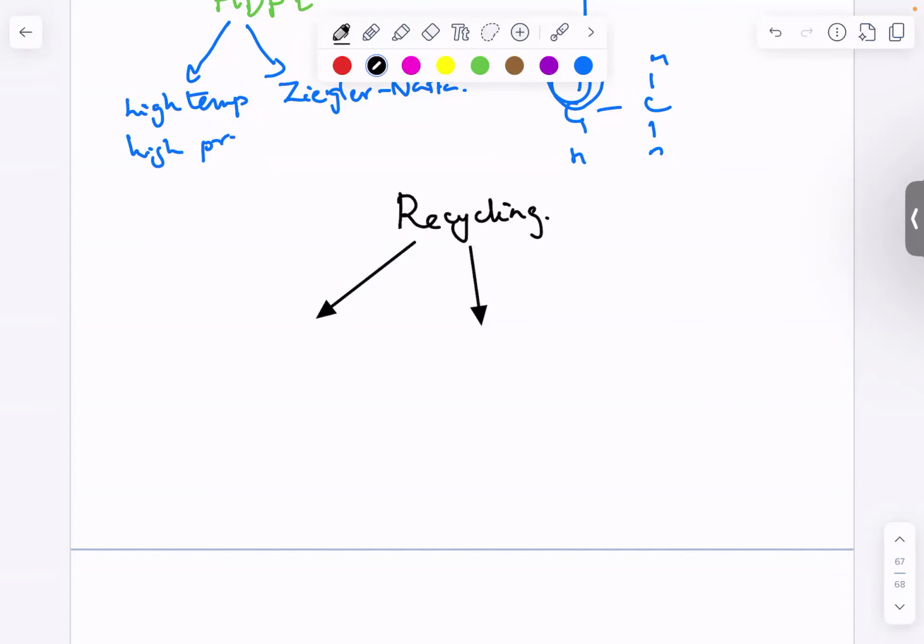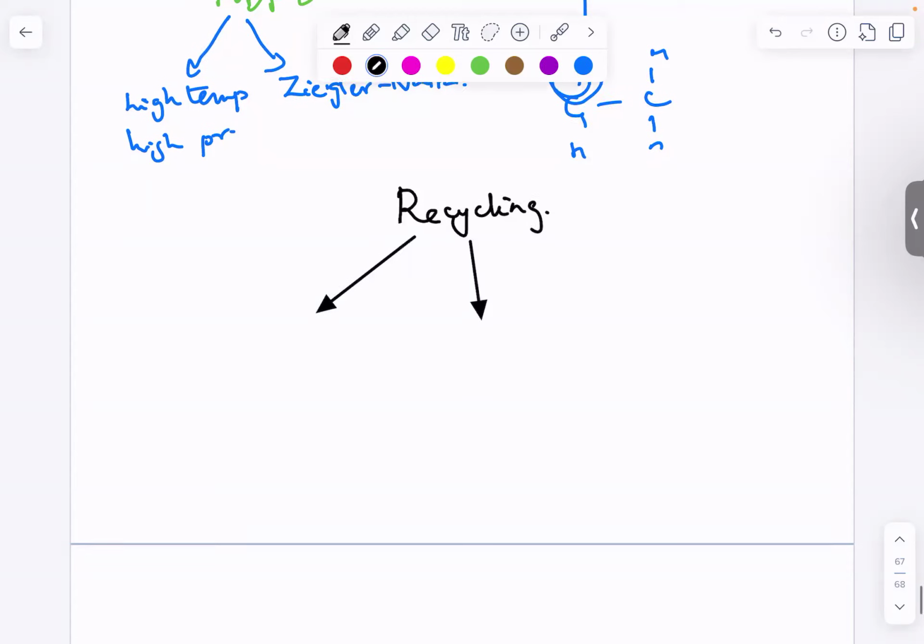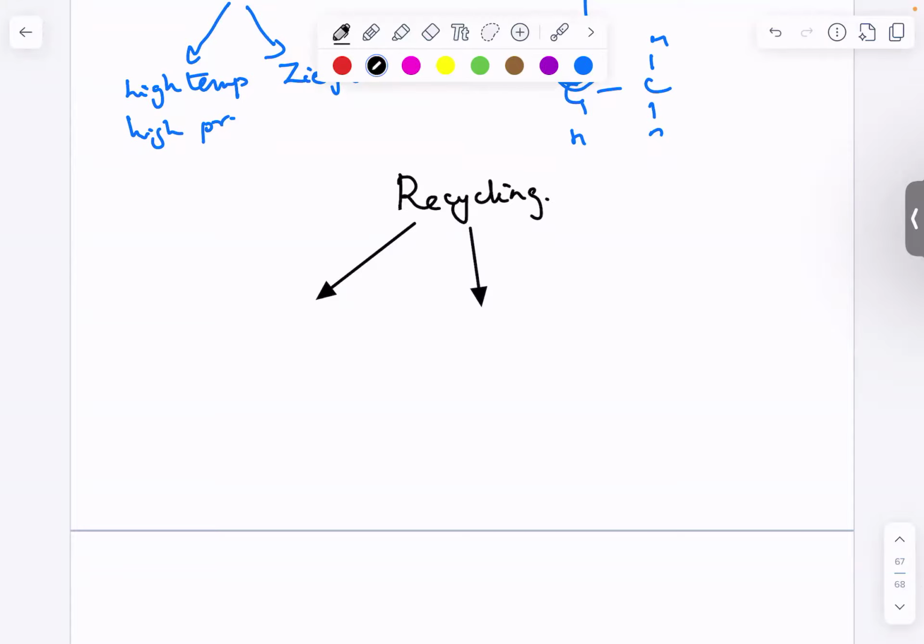Now, what happens in recycling? That bucket is going to be melted, and after melting, we can put it in a new mold, and then we can make a new thing out of it. Are you getting my point? This is called recycling. All right. So the two forms of recycling. Recycling comes after the polymer is not of any use.